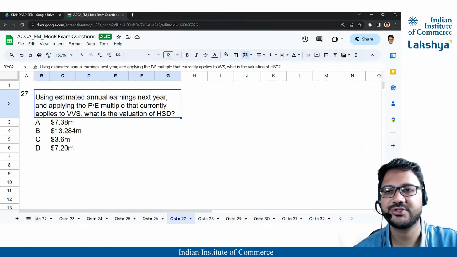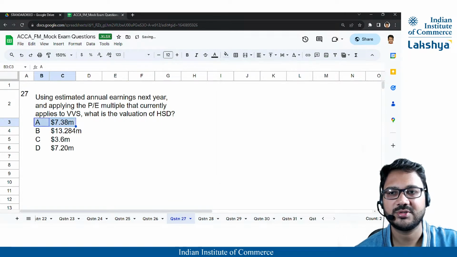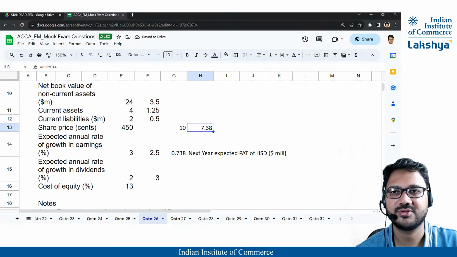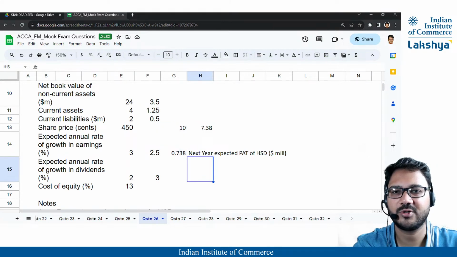Right, so the valuation is $7.38 million. Let me just mark this. I'll bring this calculation over here. I just didn't want to switch tabs, that's why I was doing it here. But how do I copy it?